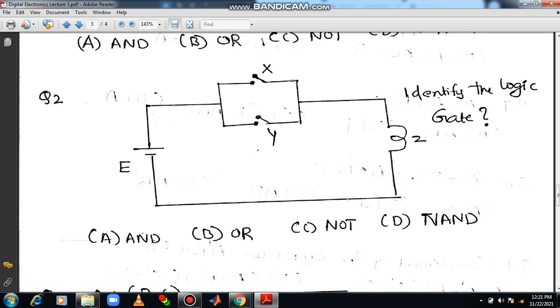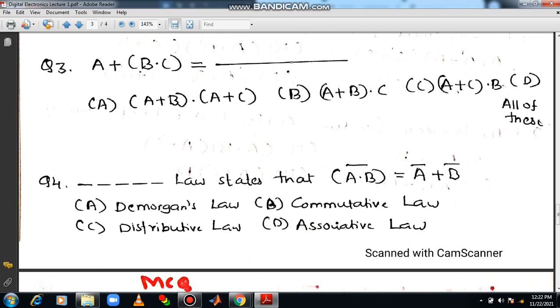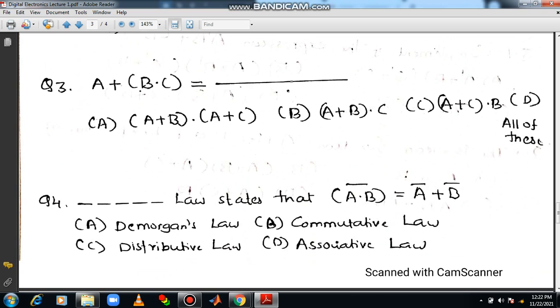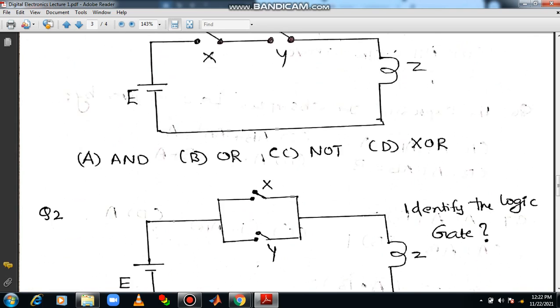Second, question number 2, that is also similar. Question number 3, identify the law, and you need to apply the law here. Question number 4, the statement of De Morgan's law. So these are the important questions, 4 questions. In the coming days I will be adding another 6 questions, and let me complete the session. Okay, so first let us answer those 4 questions.